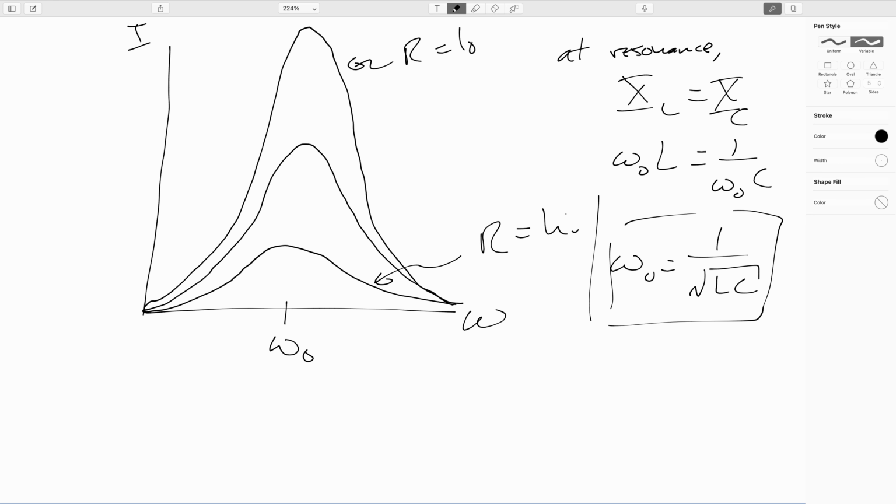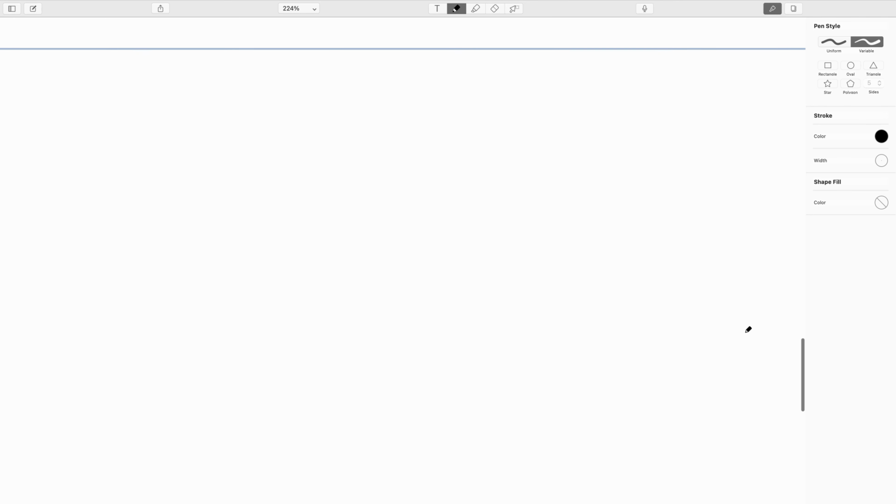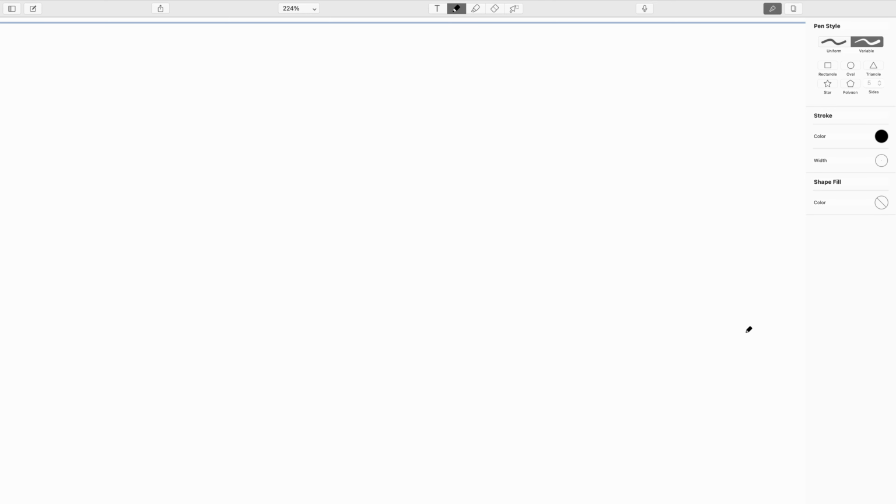Now, this is a big enough deal to the power company that they actually do things to encourage industrial consumers to keep their power factors as close to 1 or the phase angles as close to 0 as possible.